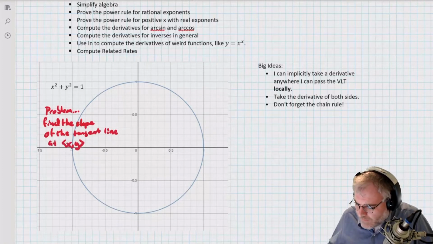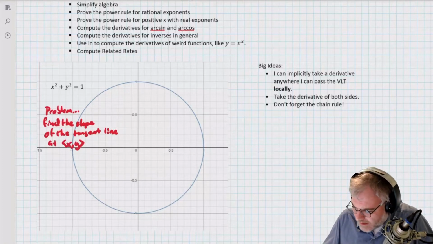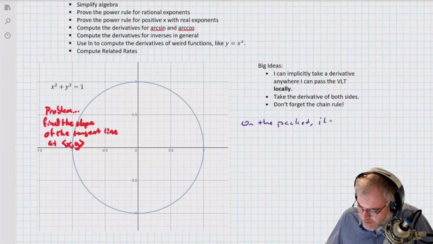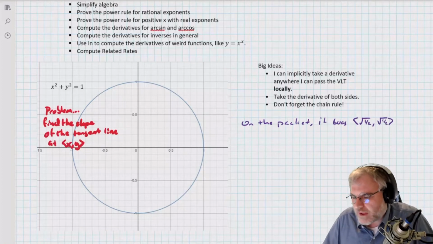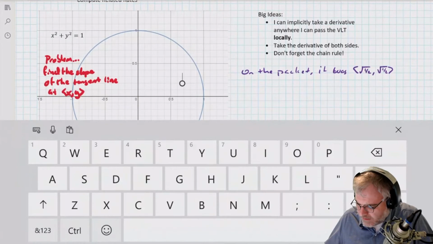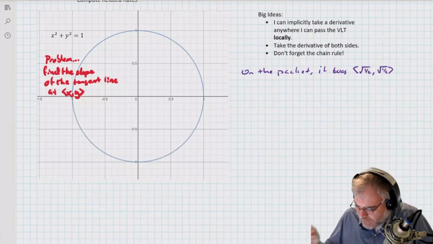On the packet it was at the point square root of 1/2, square root of 1/2. But we don't have to do that point. So let's look at a particular point.